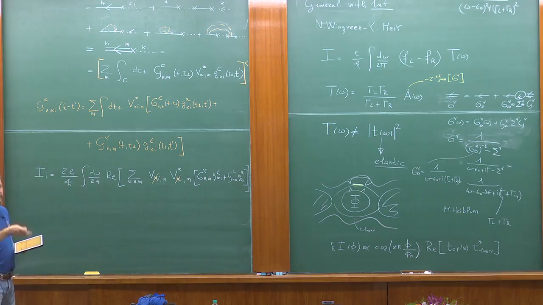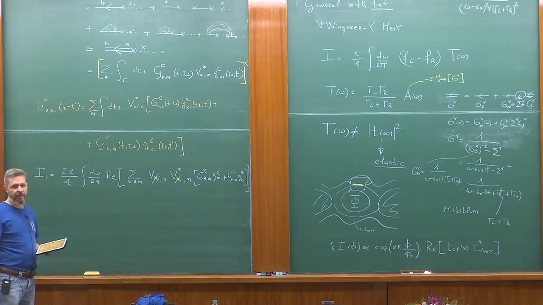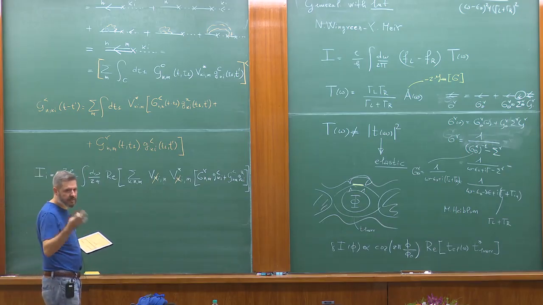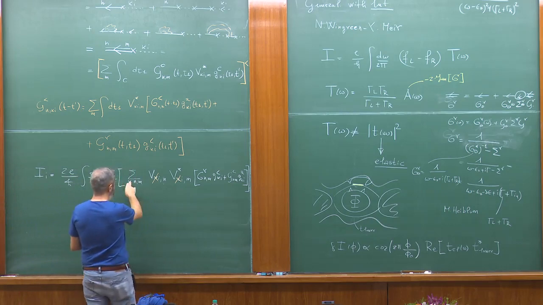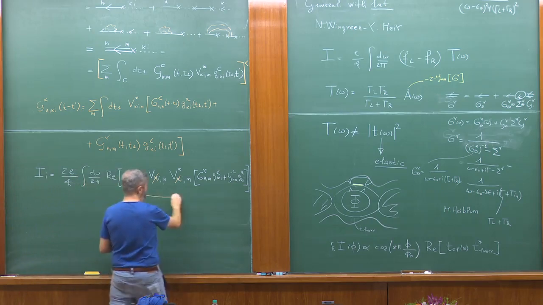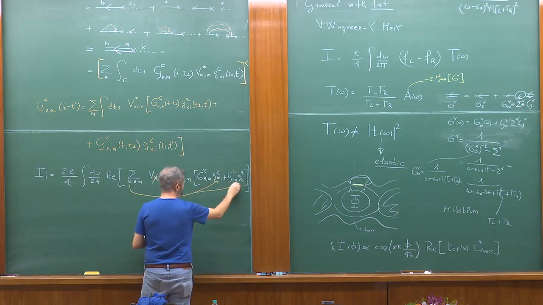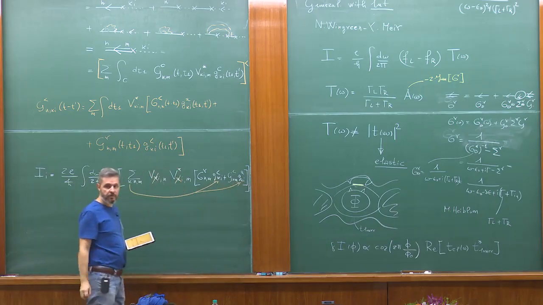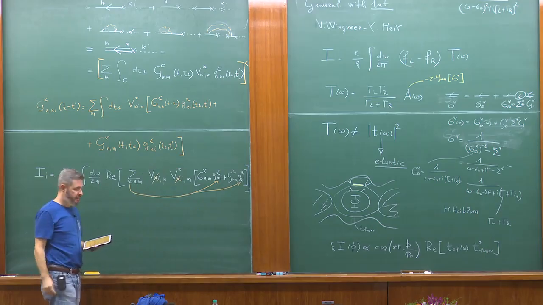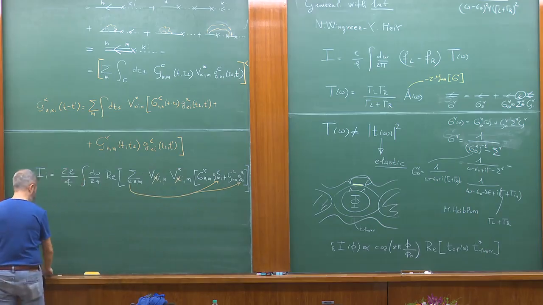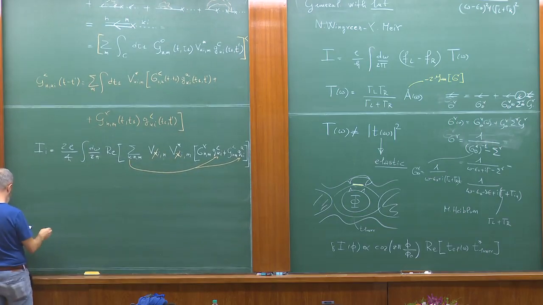You can put it back, it's not a big deal, but why do we have to complicate our lives for nothing? So the summation over k goes straight to these Green functions, because these are the only k-dependent terms in the expression. So let us do this summation.